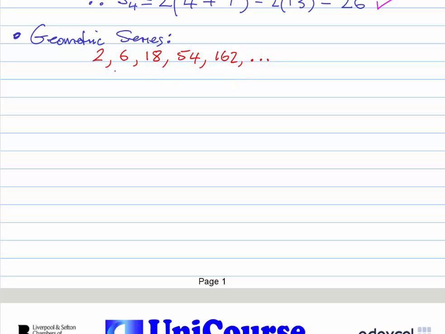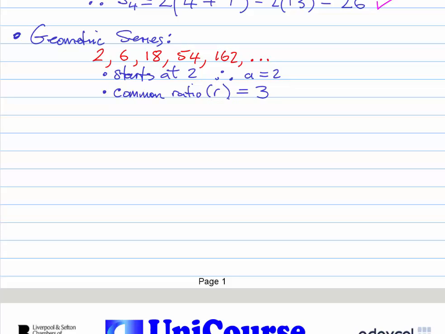Okay, so let's have a look and notice some things about this particular geometric series. It starts at 2. Therefore, we can say A equals 2. Nice and easy. Another thing we can notice is that there is a common ratio. So there's no difference here. The difference belongs to the arithmetic series.